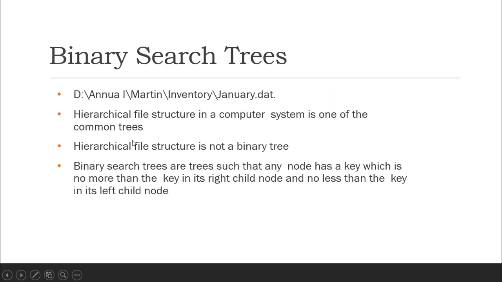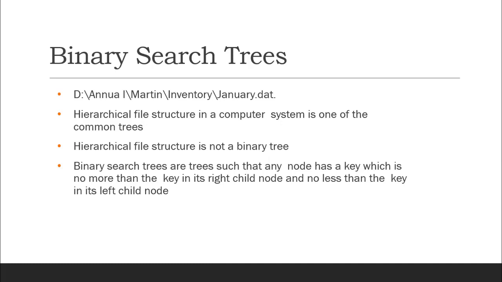We also have an example of binary search in the hierarchical file structure of a computer system, one of the common trees. In our example, using the file structure of Windows, you will see a list of files or folders.